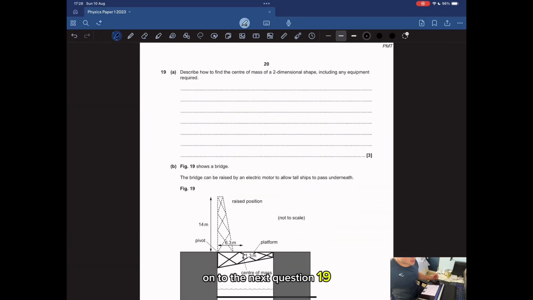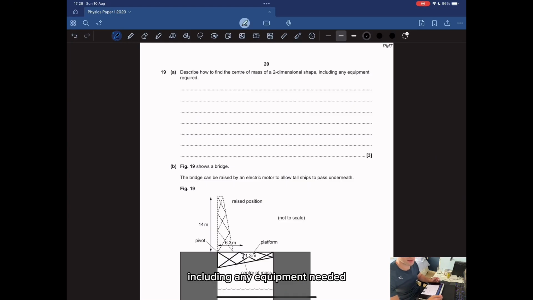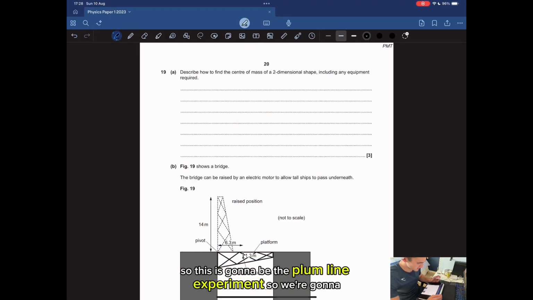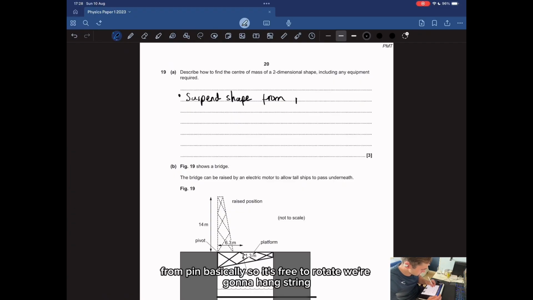On to the next question. 19. Describe how to find the centre of mass of a two-dimensional shape, including any equipment needed. So, this is going to be the plumb line experiment. We're going to suspend the shape from a pin, so it's free to rotate.